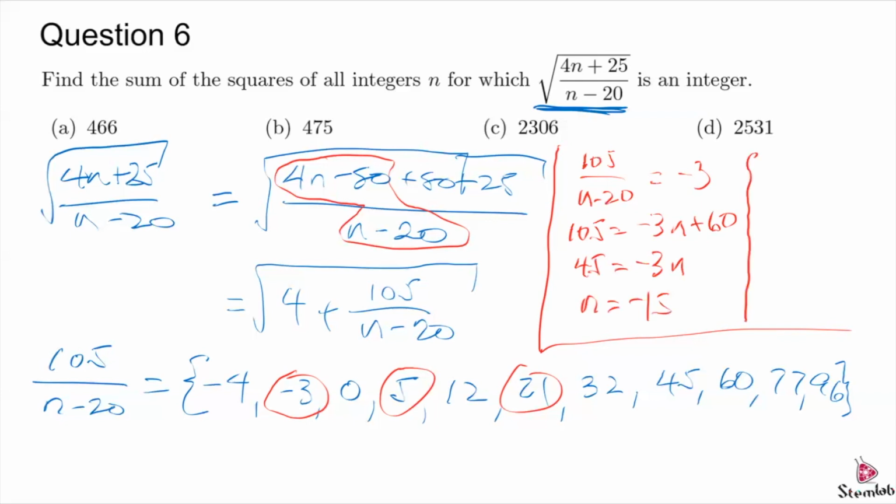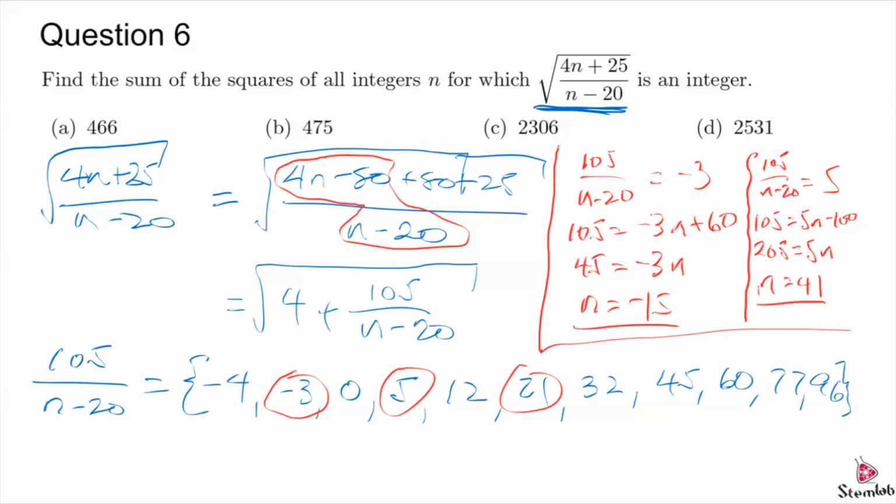The next one will be 105 over n minus 20 equals 5. So 105 equals 5n minus 100, or 205 equals 5n, so n equals 41. So we got 2 now.